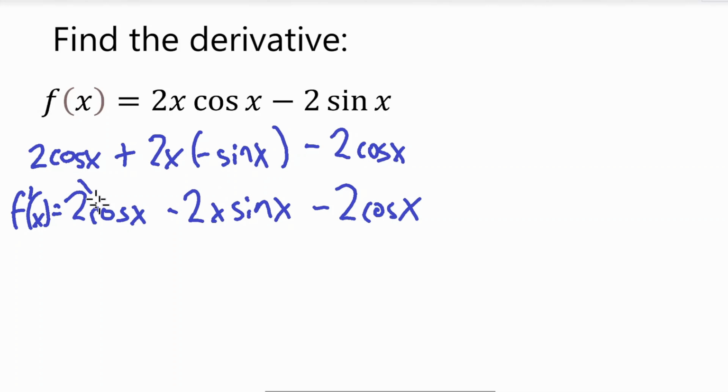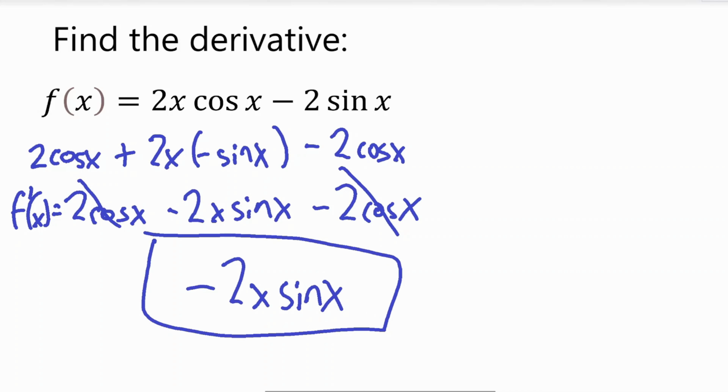Notice how we have 2 cosine x and negative 2 cosine x, so they cancel out with each other, which leaves us with our final answer: f prime of x is equal to negative 2x sine x.